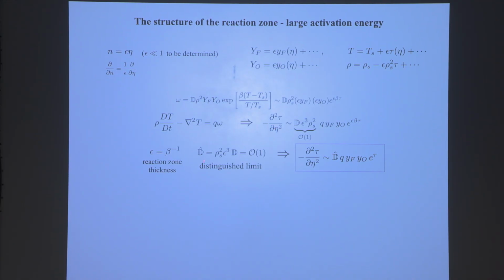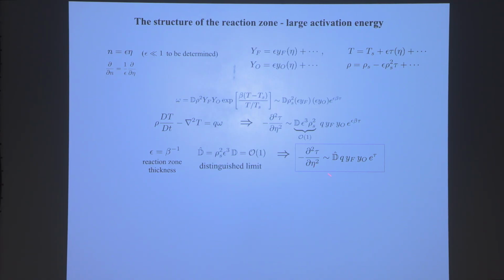And again, it showed that the Damköhler number is going to be epsilon to the -3 in order for this relation to be balanced. And the D hat is the scaled Damköhler number. In other words, it's the original one multiplied by epsilon cubed. So this is the distinguished limit that we are looking at.